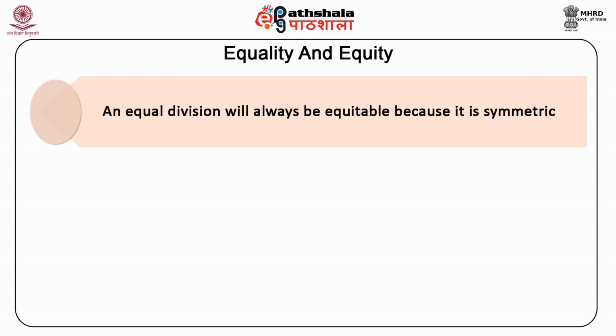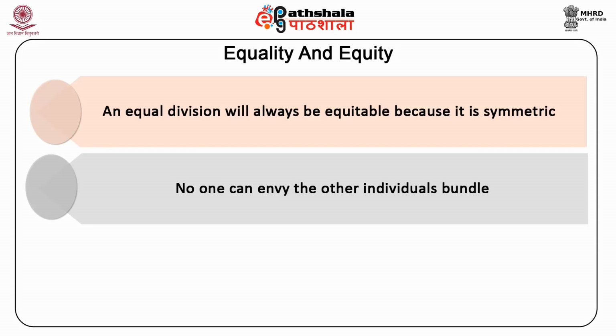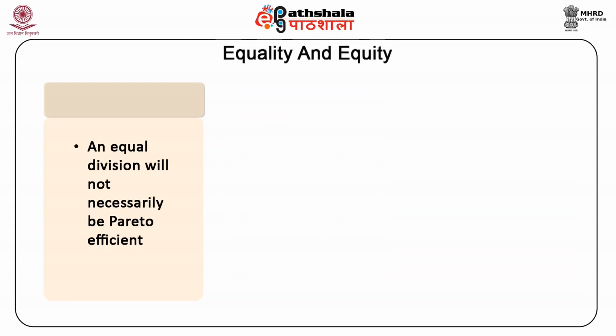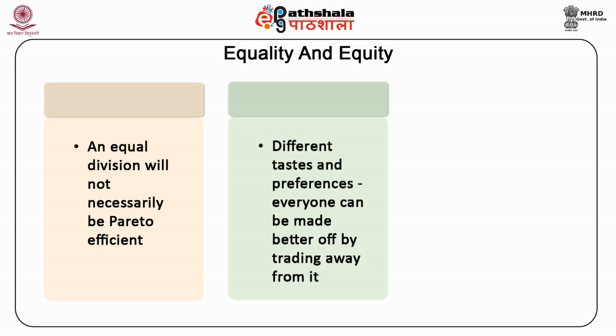Since each individual has the same bundle of goods, no one can envy the other individual's bundle. In other words, no individual prefers any other individual's bundle of goods to his own because they all have the same things. But an equal division will not necessarily be Pareto efficient. If people have different tastes and preferences, then everyone can be made better off by trading away from it.